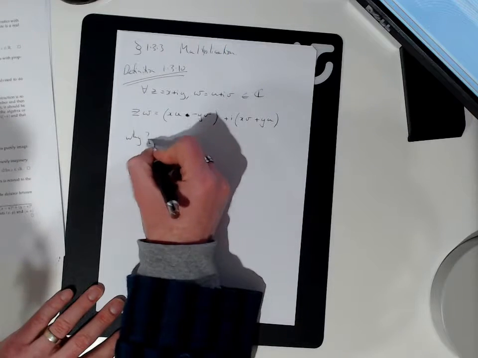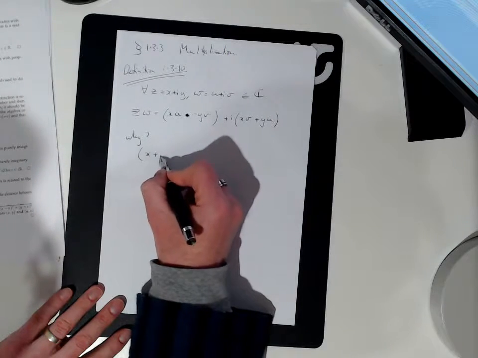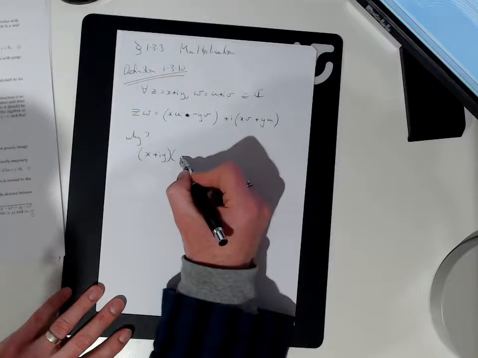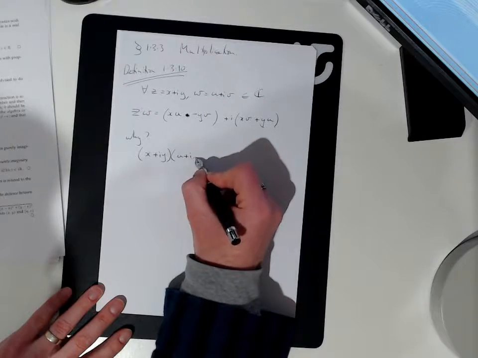So why? Well, it's done like this. Remember multiplying out polynomials? It's the same.